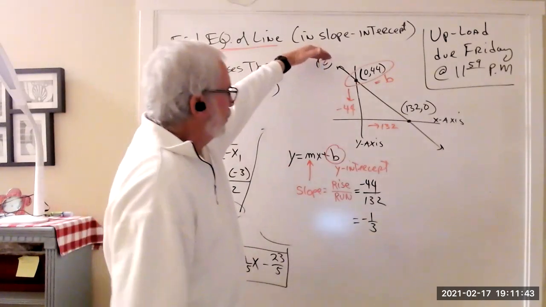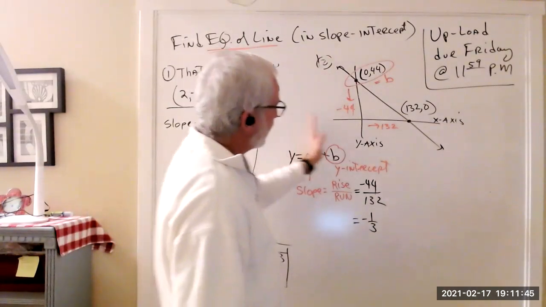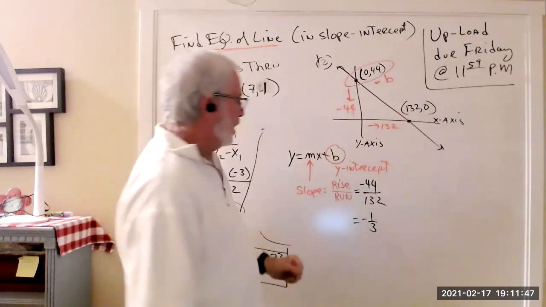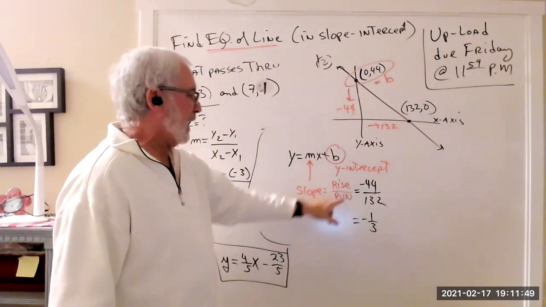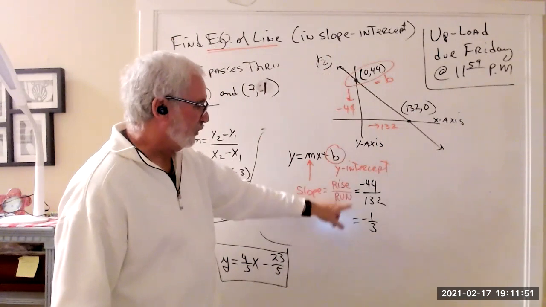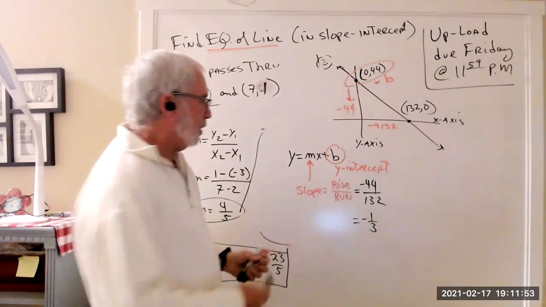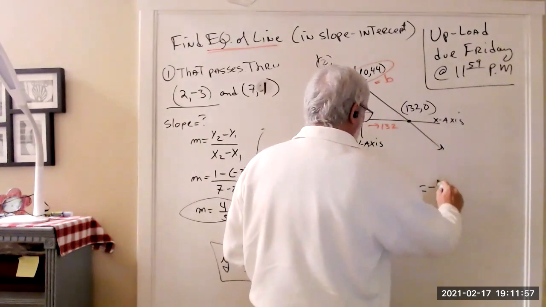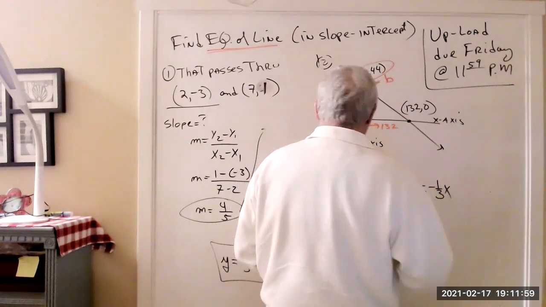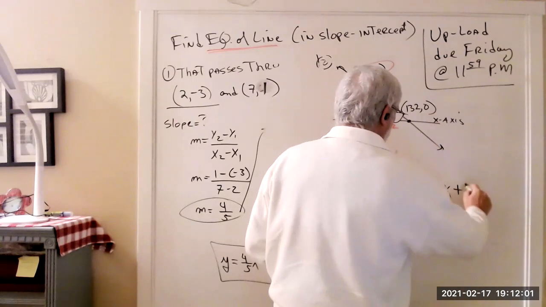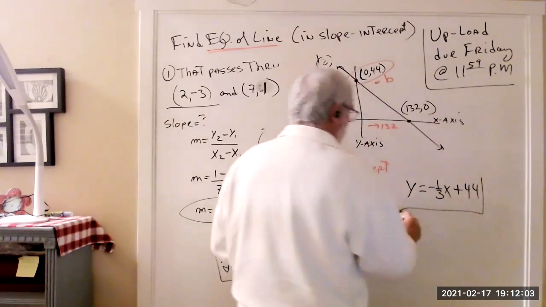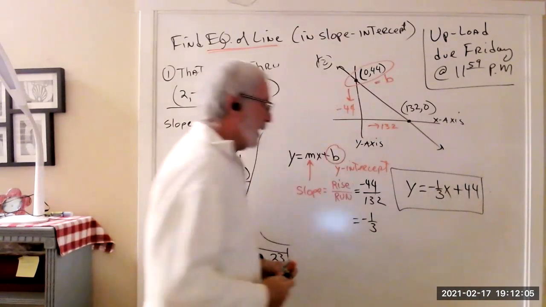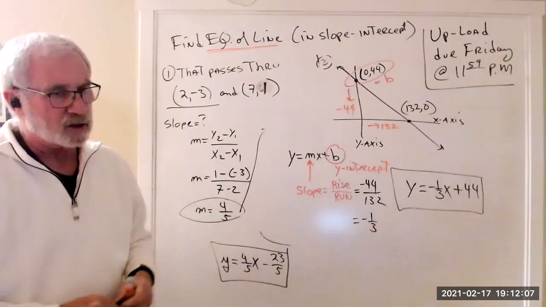So I went down 44, but I went sideways 132. Plugging it into the concept of rise over run, I have my slope. Well, look at this. My equation now is y equals negative 1/3 x plus 44. That's my answer, and I did very little algebra.